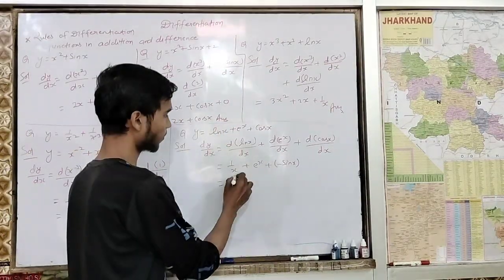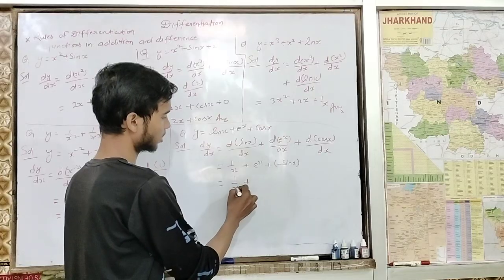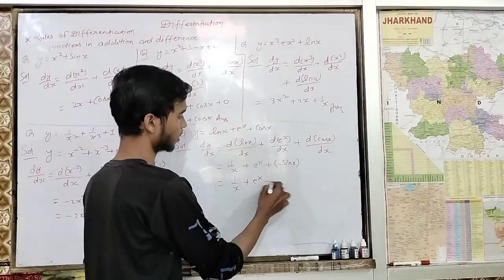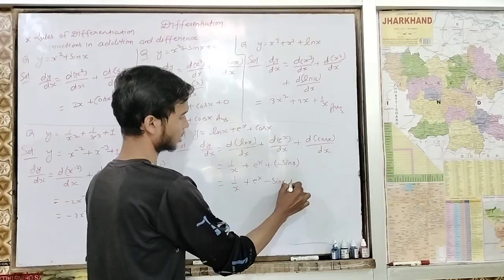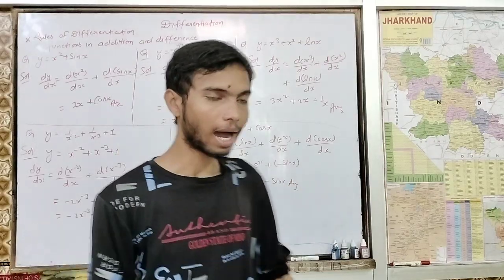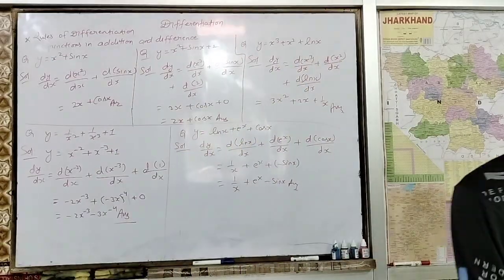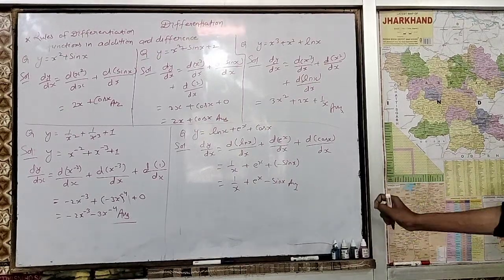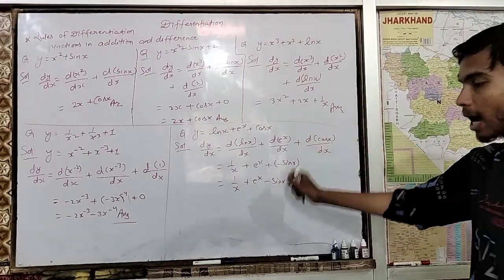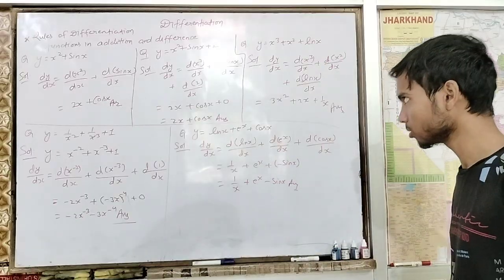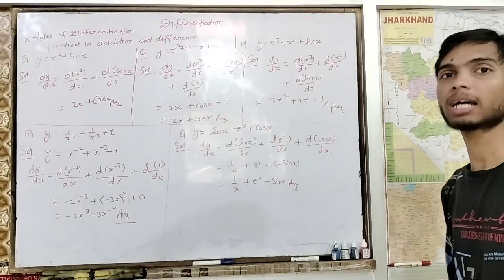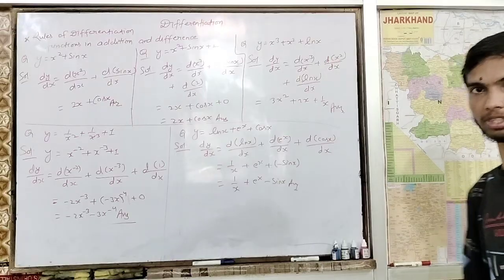Now it can be simplified further: 1 upon x, plus e raised to power x, then minus sin x. It can also be simplified further, but right till now, this is our answer for this question. The question was saying just apply the differentiation formula. That's it.